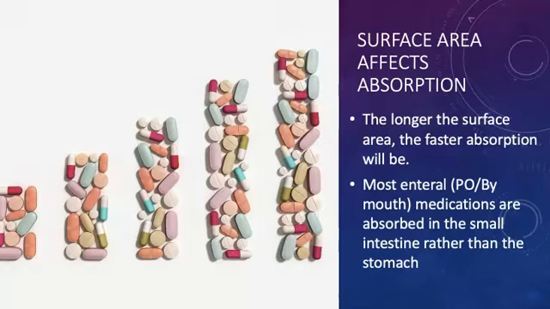The larger the surface area, the faster the absorption. However, if you have a smaller surface area, then it's going to be absorbed much less quickly. But most enteral, PO, or by-mouth medications are really absorbed throughout the small intestine rather than in the stomach itself.